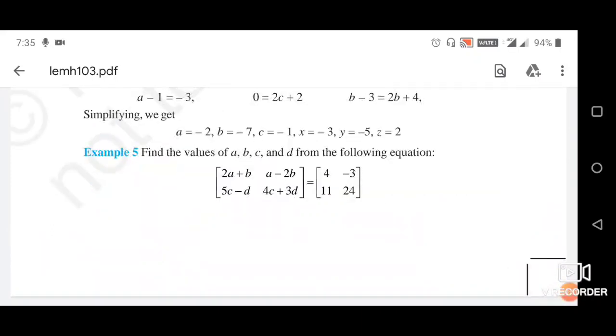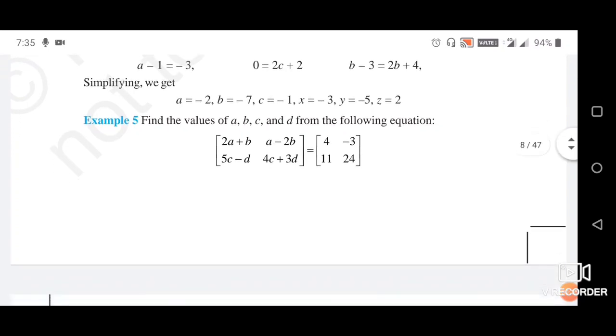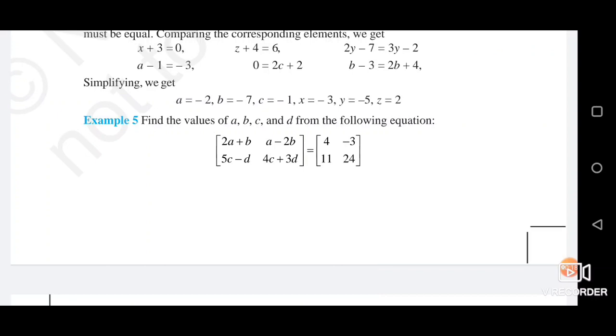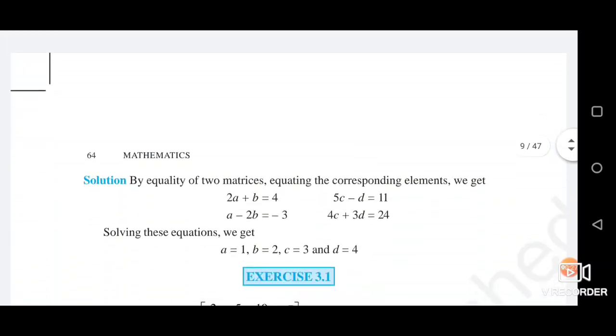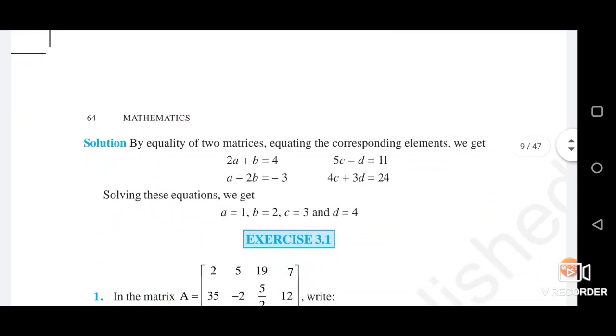In example 5, the question is find the values of a, b, c and d from the following equation. So, in the equation, two matrices are given, and these two matrices are of same order. They are of order 2 by 2. So here we have to find out the values of a, b, c and d.